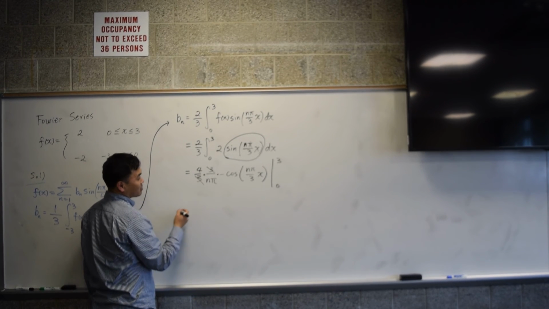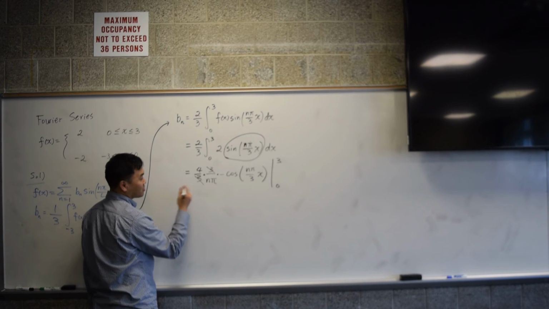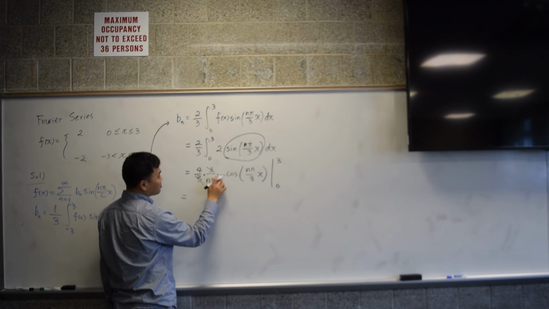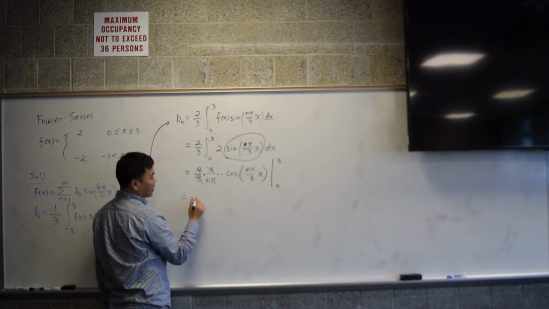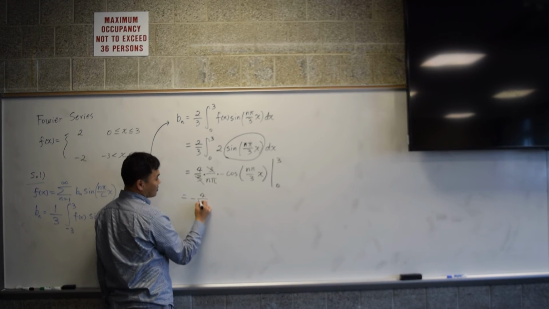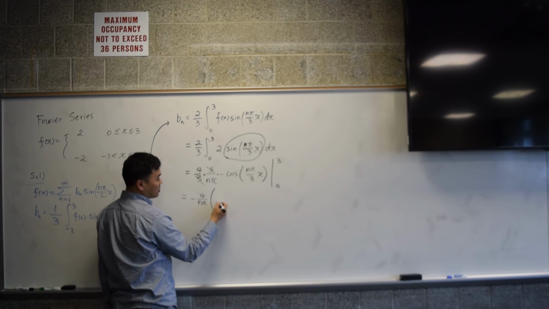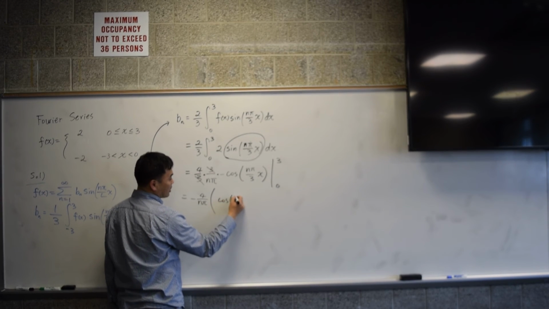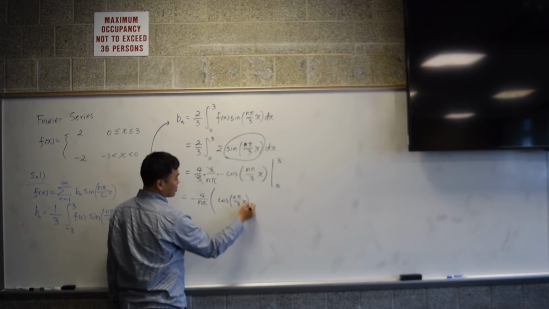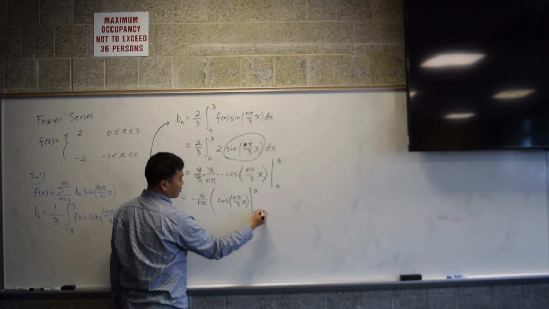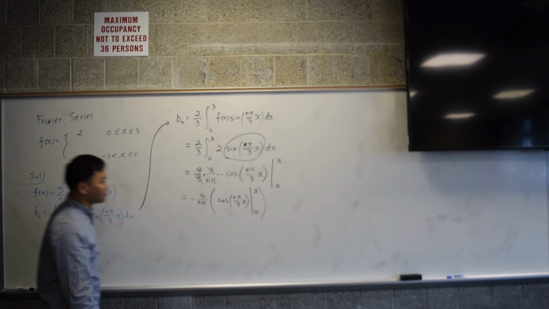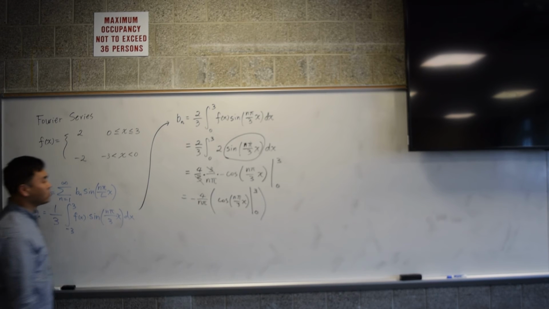That's nice. I like canceling, so you can cancel early. Let's pull the -4 over n pi outside. All we need to do is evaluate cosine of n pi over 3 x, subtracting its values at 3 and 0.